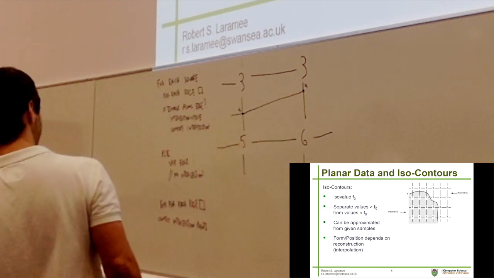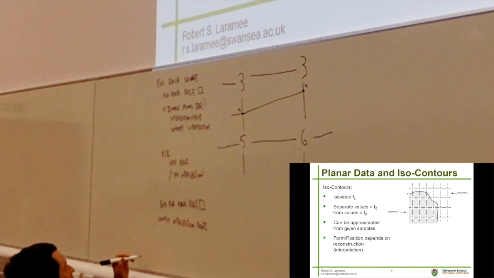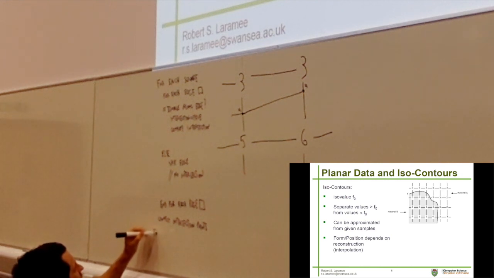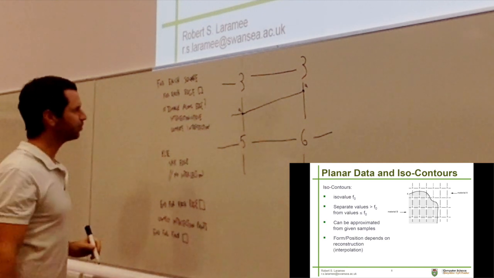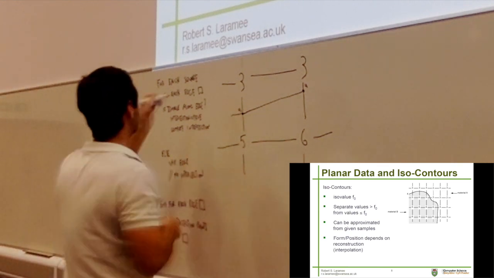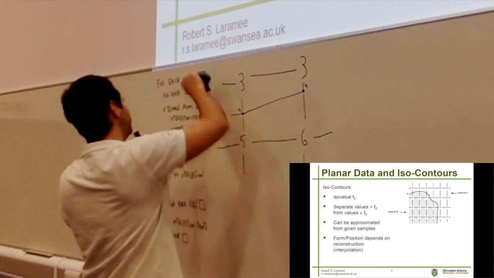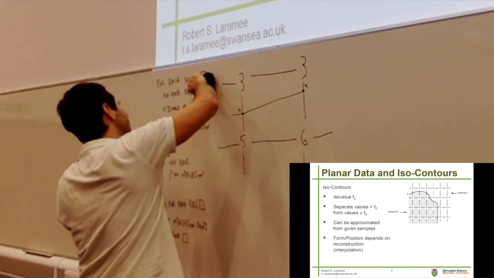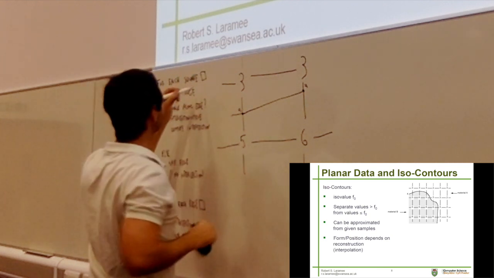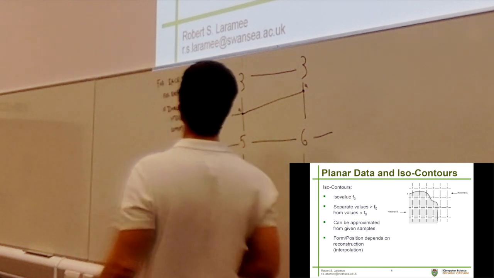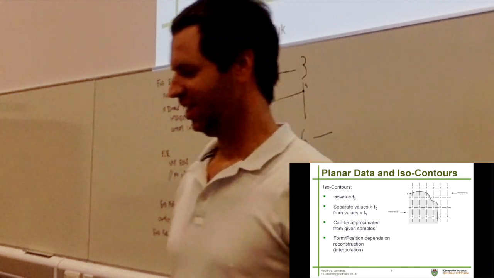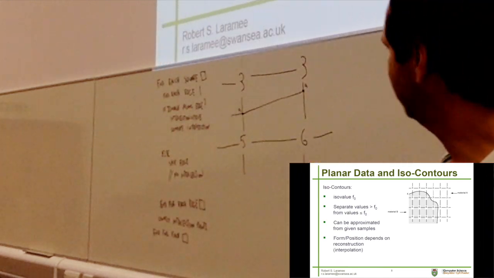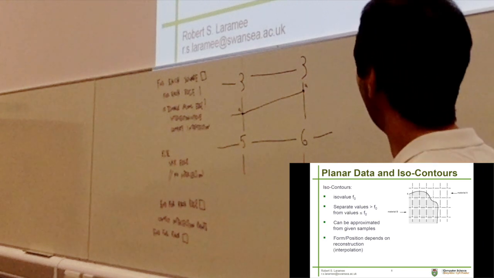And then connect the intersection points, and then at the end it's end for each square. I should make this a little bit better. For each square, and then for each edge. For example, I should draw an edge like that. And that's it. That's the summary of the marching squares algorithm.